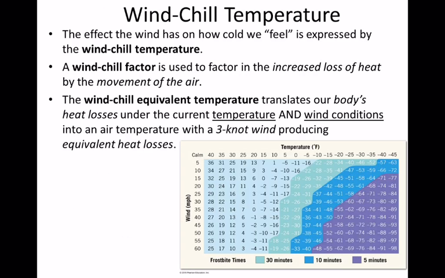So this is the way it's supposed to work. For instance, if you have a feels like temperature across the top there, and this is in degrees Fahrenheit, of, let's say 25, and let's say the wind wasn't calm, but the wind was blowing at 20, okay, then our feels like temperature would be where they intersect. Okay, so the feels like temperature would be 11.